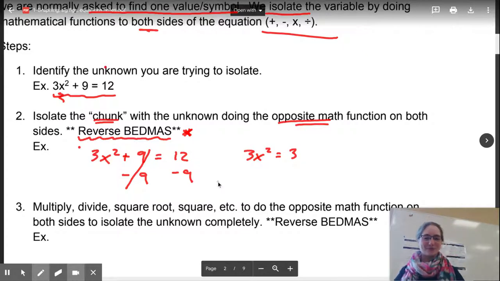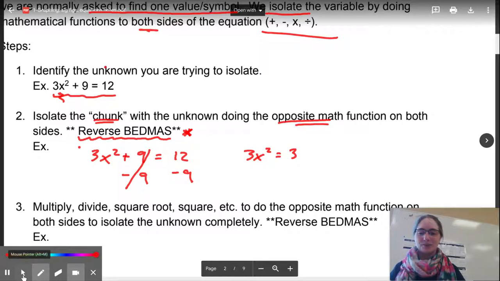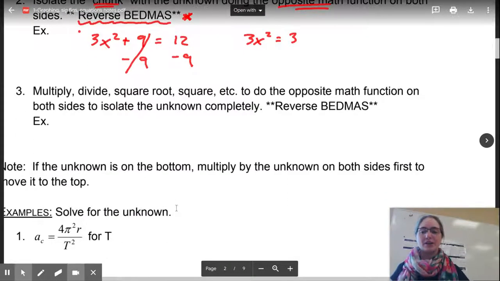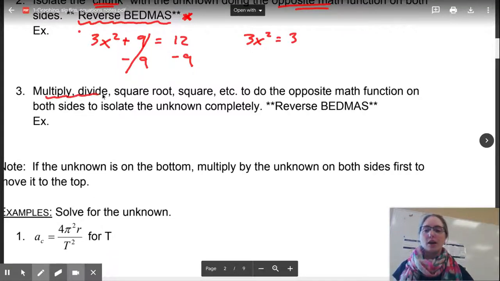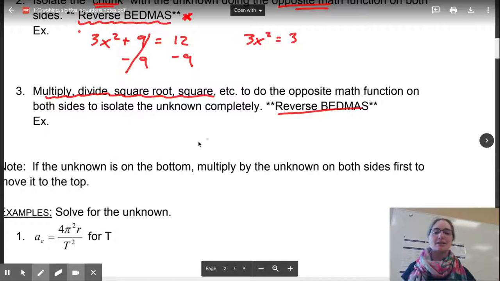Our second step is to multiply, divide, square root, etc., using our continued reverse BEDMAS. Once again, opposite math functions on both sides to isolate the unknown. When we have 3x squared, we have an exponent and we have multiplication here.